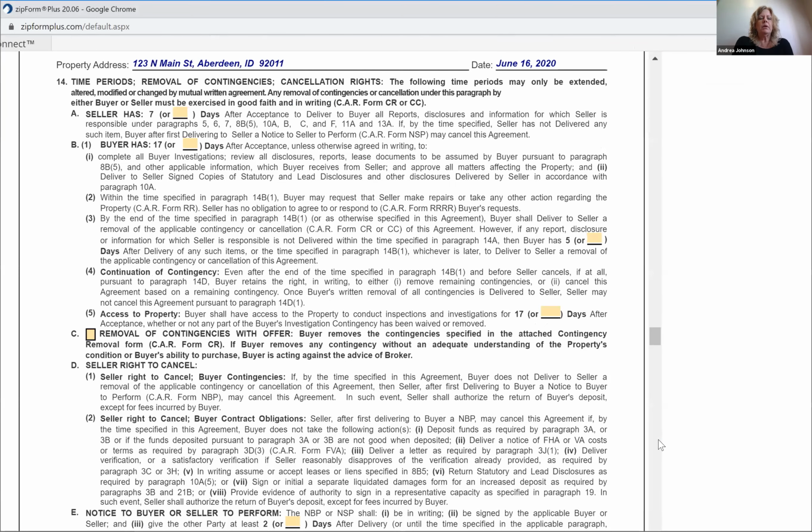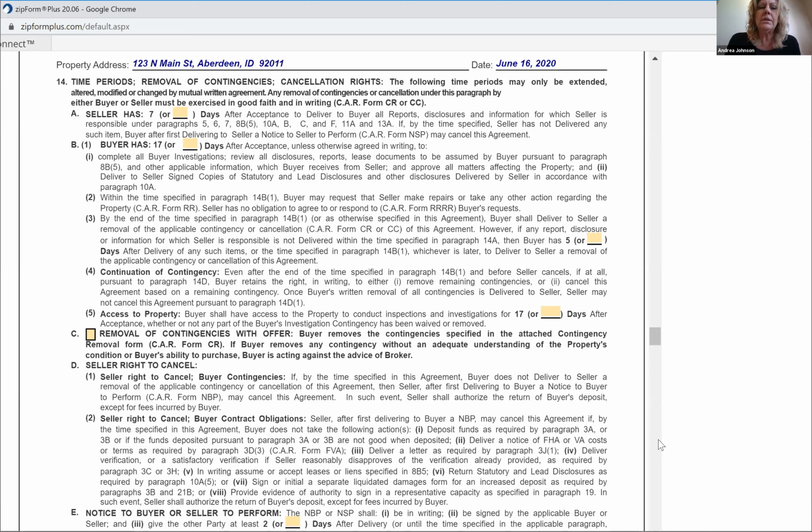This is the paragraph that defines our timeframes and all the process of contingency removal, along with buyers' and sellers' rights to exercise contingency removal, demand for contingencies removal, and just maintaining the contract timeframes. So let's just start. I'm probably going to read a good bit of the paragraph, and we're going to spend a good bit of today's session on this paragraph.